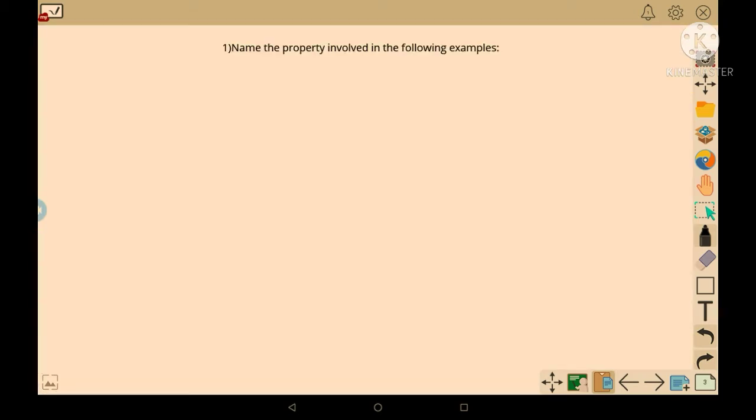Don't think that here we don't have anything to learn. Here we have some topics to learn. The first bit is: name the property involved in the following examples. Firstly we need to learn what the properties are. Let's see all the properties which we have.